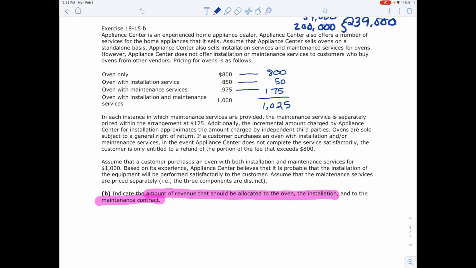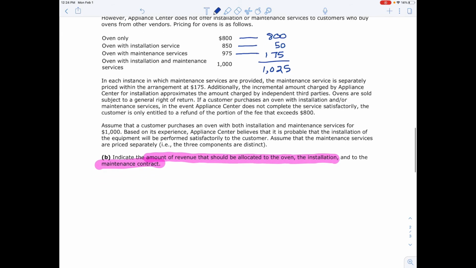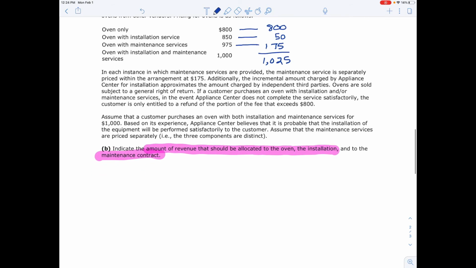So now how we're going to find that proportionate share that we're going to allocate to each of those is we're going to take that oven price of $800, divide by my total, and then times it by how much they're giving the cash value to be.